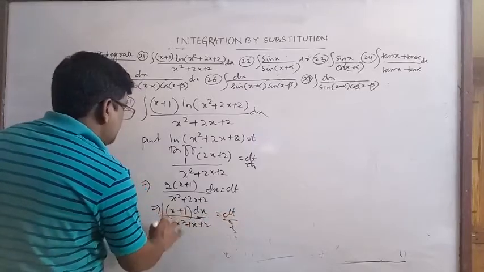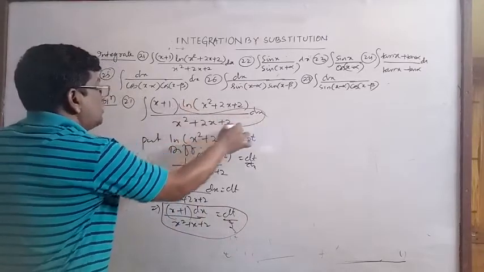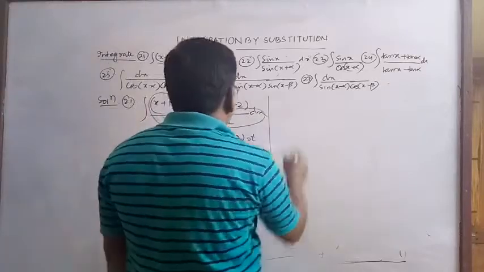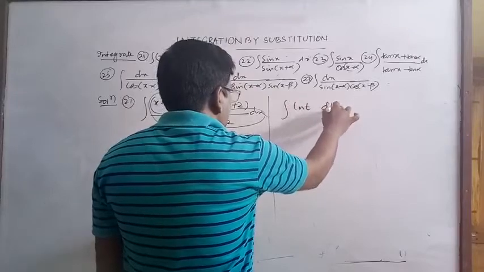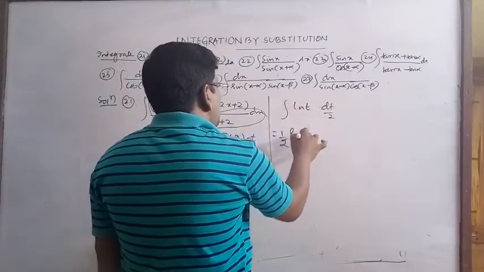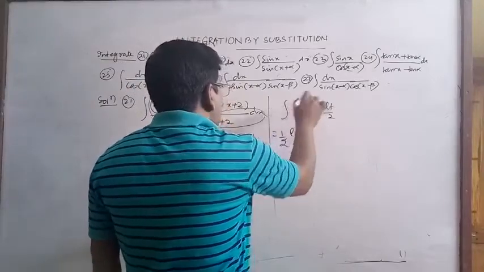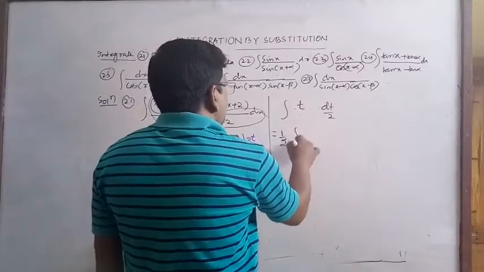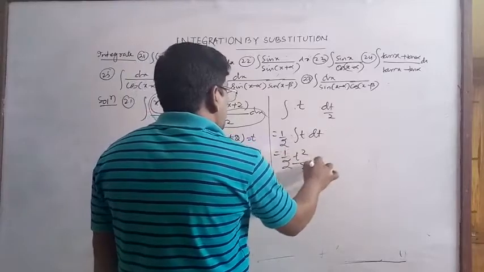So this term is dt by 2. So integration of log t, this is dt by 2. So 1 by 2 integration of t dt is equal to 1 by 2 into t square by 2 plus c.